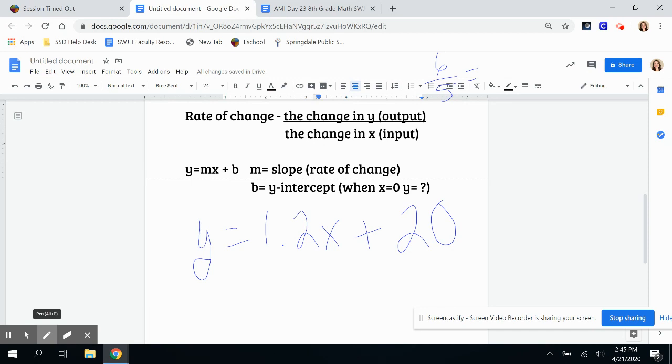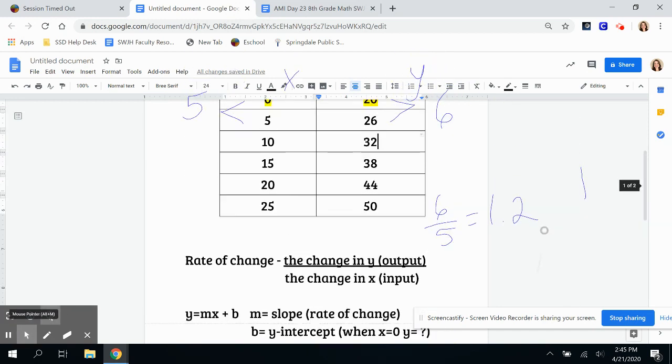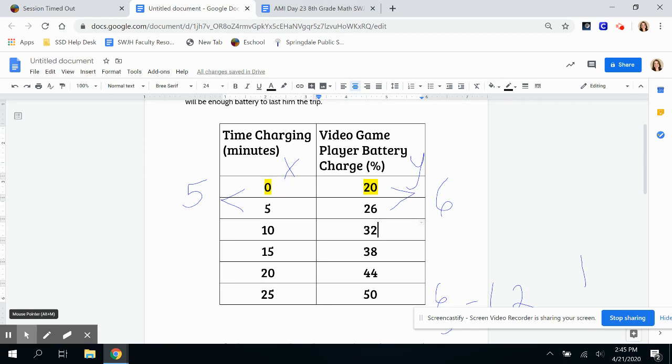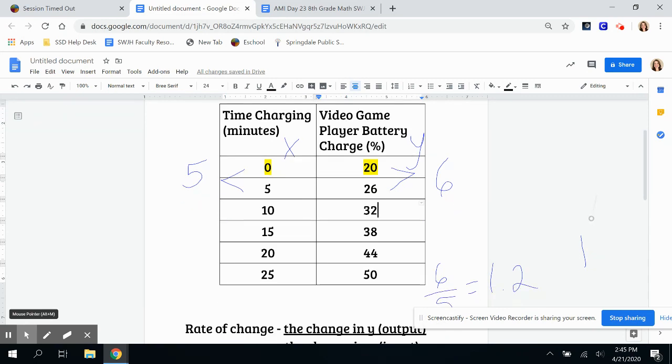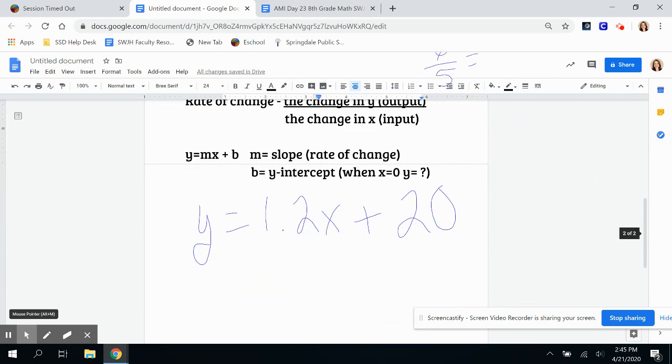And he wants to know how much more time it's going to take to get it to 78%. So again, looking back at the top, we're trying to figure out the time change. We're trying to find the x, and we already know we want it to be 78%. So I'm putting in 78%, and I'm trying to figure out the x value here: 1.2x plus 20.